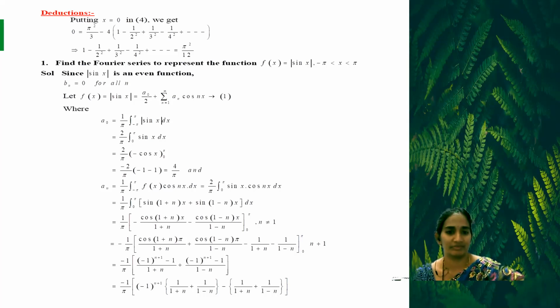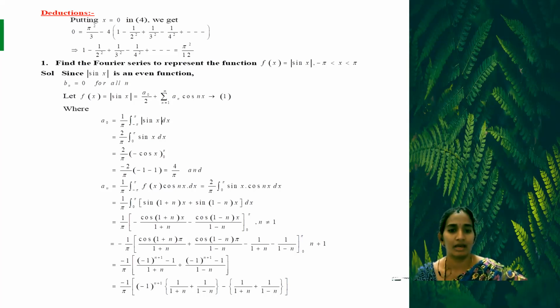Next step, 2 by pi integral 0 to pi sin x dx. We know the integration of sin nx is minus cos nx by n. Here n is 1, so we write 2 by pi minus cos x, with limits 0 to pi.